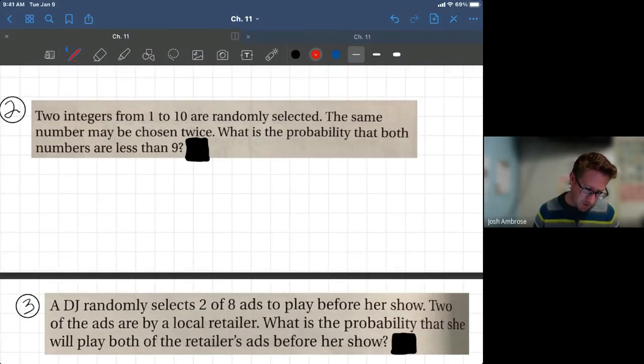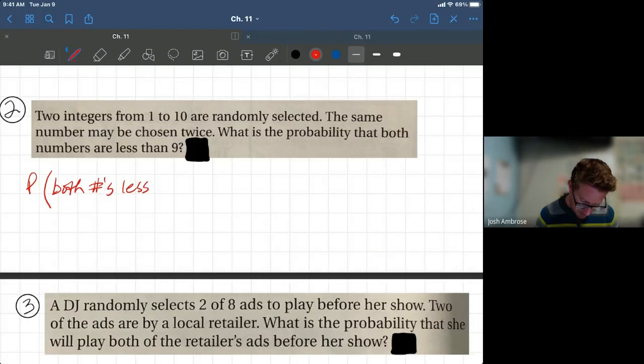So let's start by writing out what this is saying here. This is asking for the probability, capital P, of both numbers less than 9.